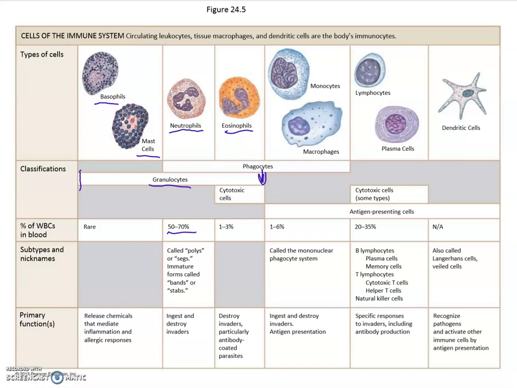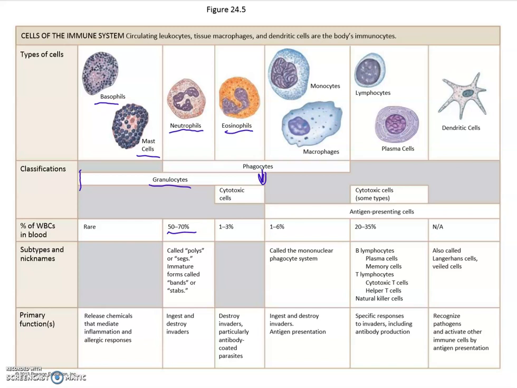About 1 or 2, here says 1 to 3% of your white blood cells in circulation are eosinophils. Their granules stain with that orange dye, the eosin, and they will be mounting a response against eukaryotic parasitic type of infection. So if you have pinworm infection, your eosinophils will be brave enough to go after those.